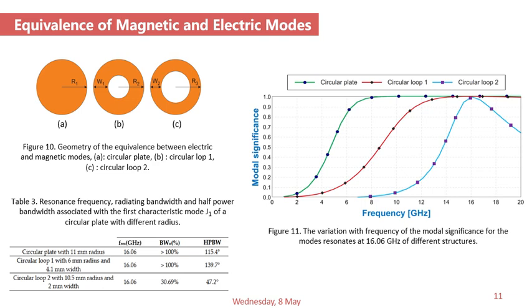It is also found that the circular loop 1 shows a half-power bandwidth equal to 136.11 degrees, whereas the circular loop 2 shows a half-power bandwidth equal to 47.2 degrees at the radiation pattern of the vertical plane.